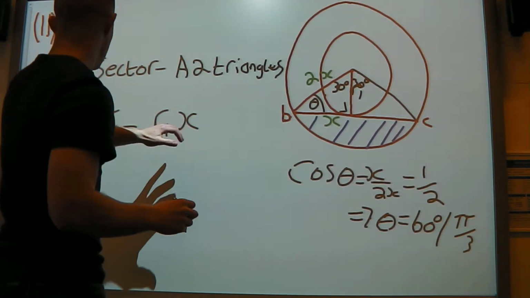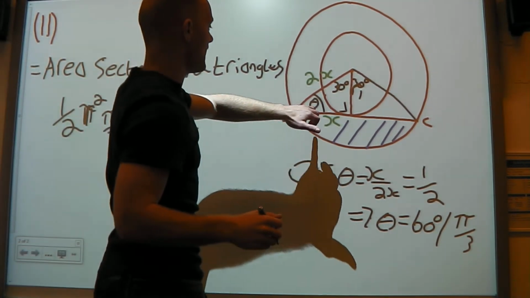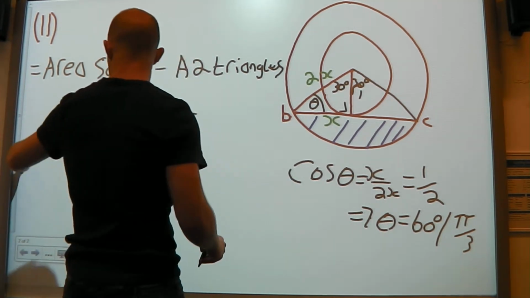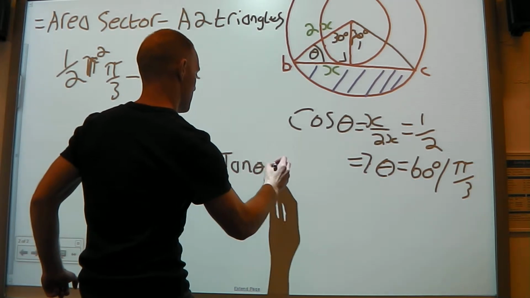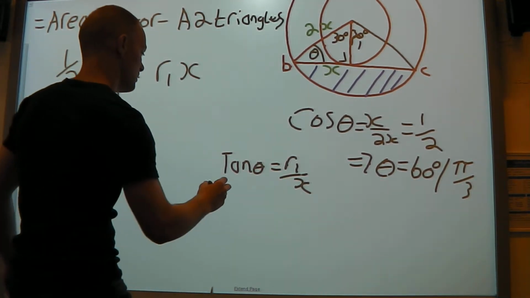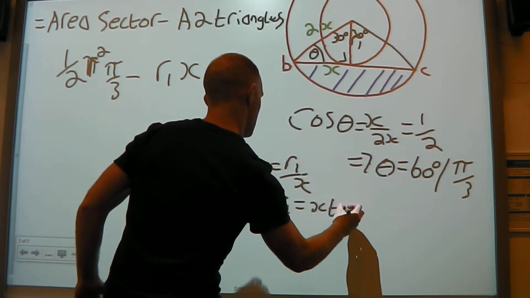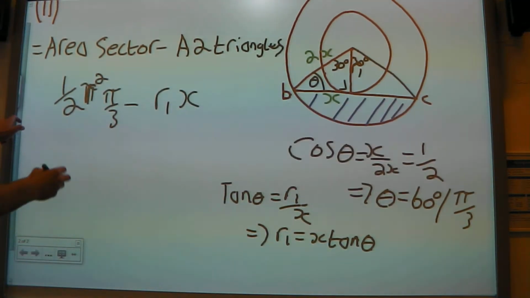Now we have to change R1 around because that's not in our answer. So R1, we know that tan theta is equal to R1 over x. That implies x tan theta is equal to R1. So we just replace this.